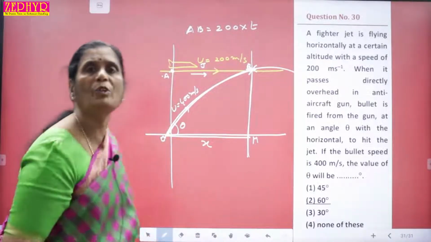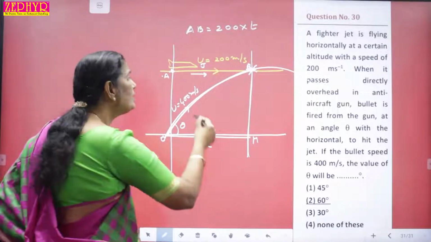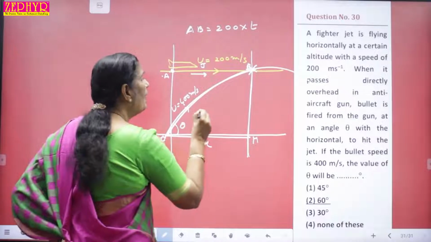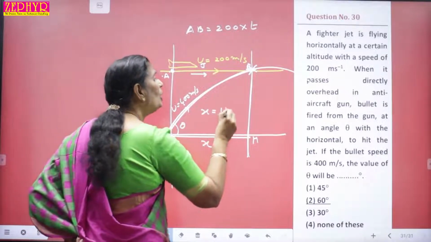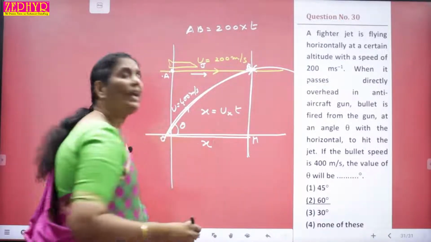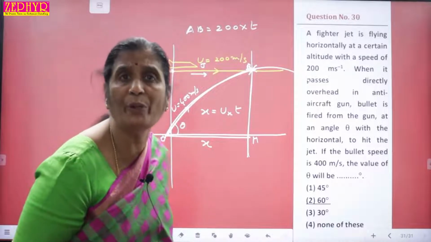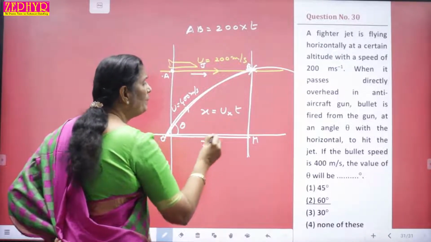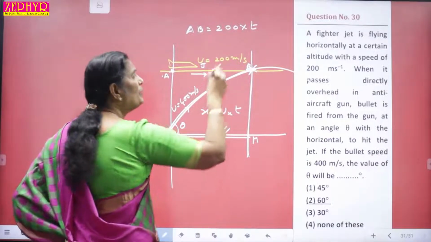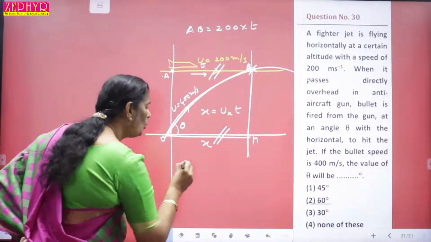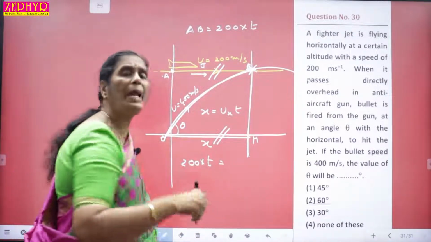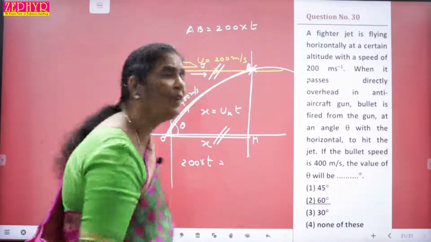OM is the horizontal distance for the bullet. How do you write the horizontal distance? We know that x is equal to ux into t, for projectile motion. So x is OM, OM and AB are the same. So 200 into T can be taken as x for projectile motion.